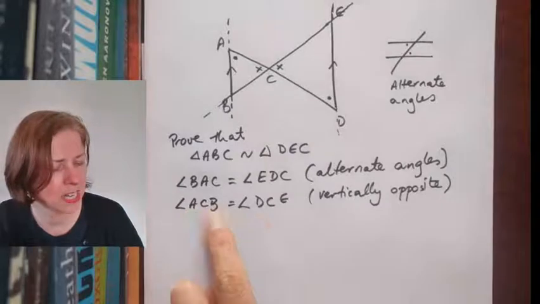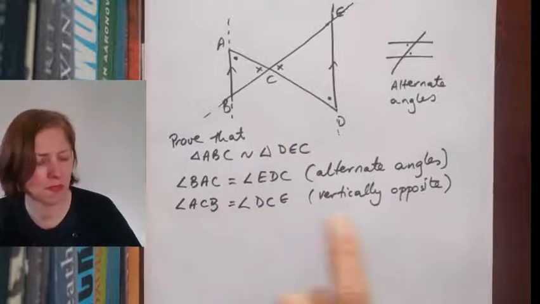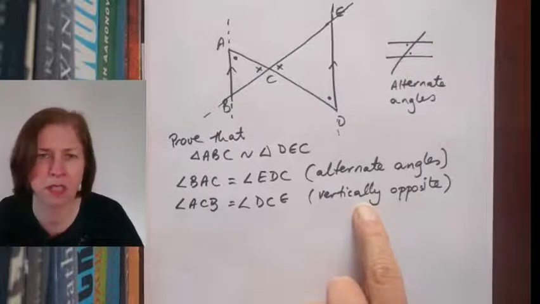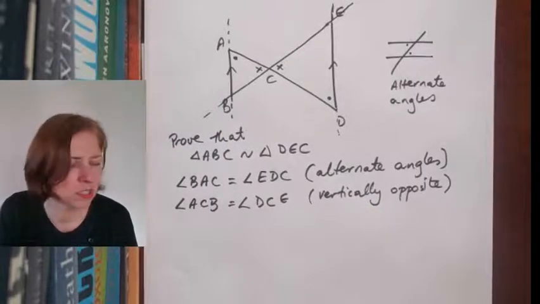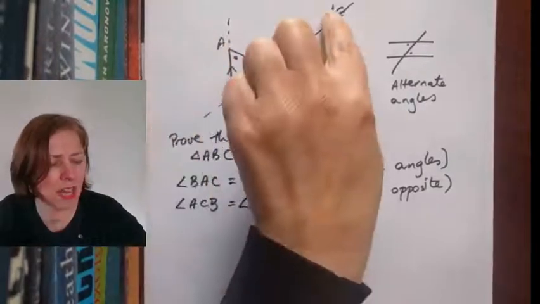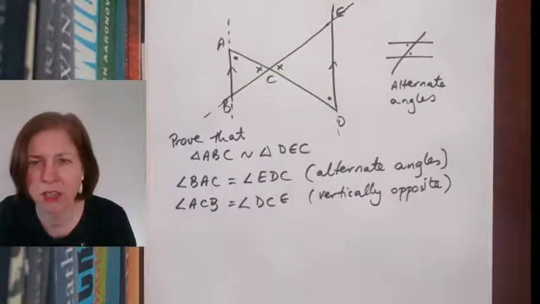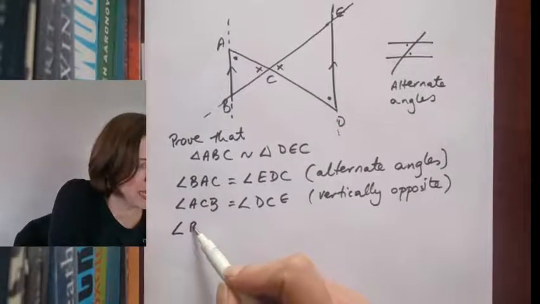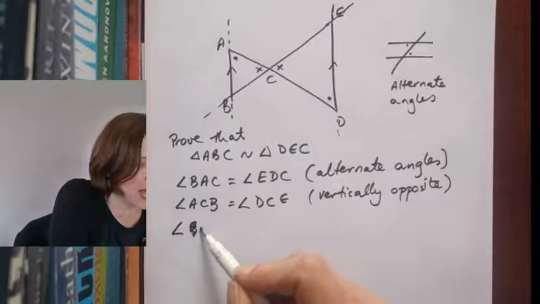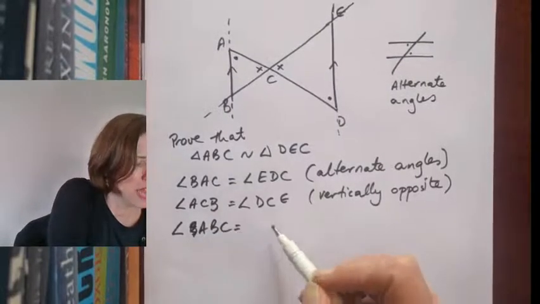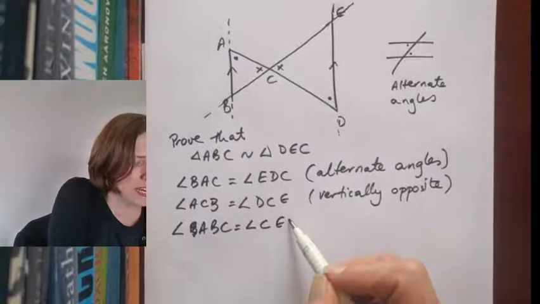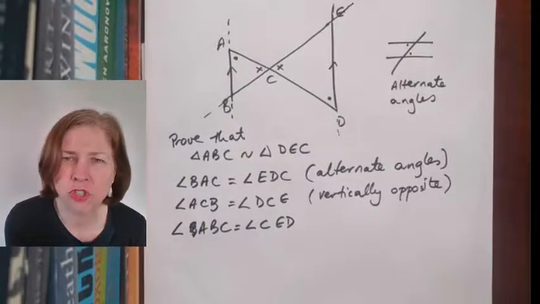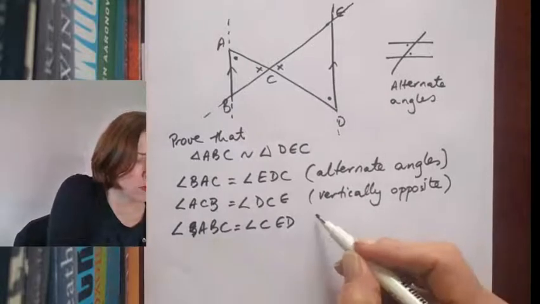So I've identified two pairs of angles that are equal, and I've told you how I know they're equal because they're vertically opposite. Now, I could say that these are another pair of alternate angles, but the other thing I can use is I know that angle ABC will be equal to angle CED, and I know this because the other two pairs of angles are equal.